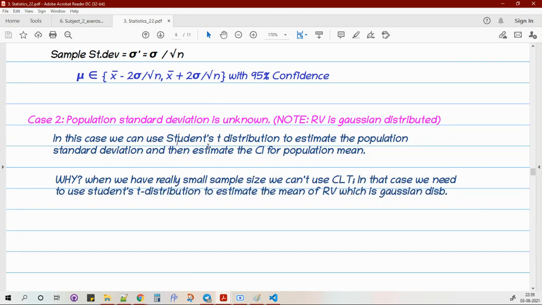There was one competition also, where everyone created some kind of animation or working demo, where you can enter the data and simulate that if you take n minus 1, then it will converge to the best estimation for the population mean. They tried to calculate for n minus 1, n minus 2, n plus 1, n minus 3, like that, but every time n minus 1 gave you the perfect estimation of the population mean.